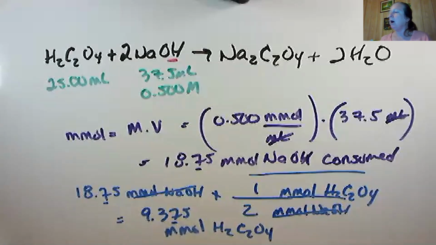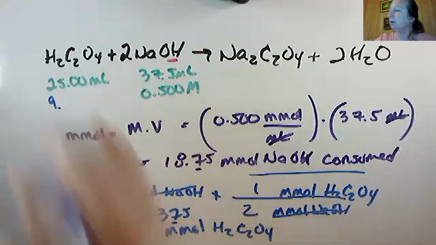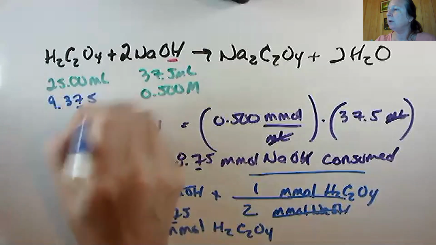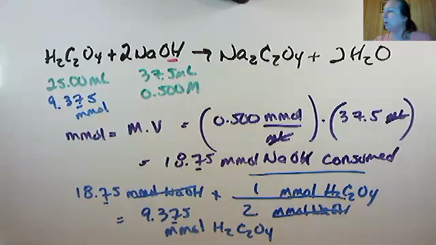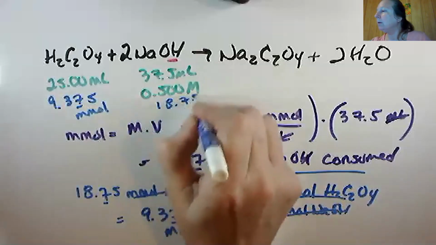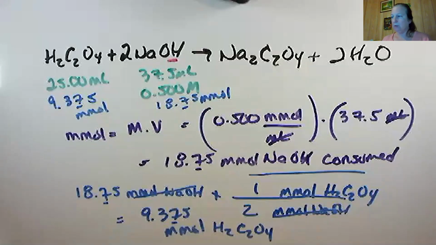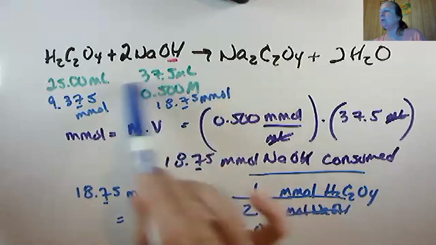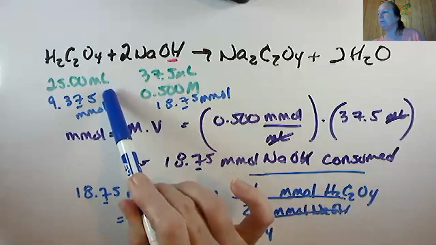So I used 18.75 millimoles of hydroxide to consume 9.375 millimoles of acid.